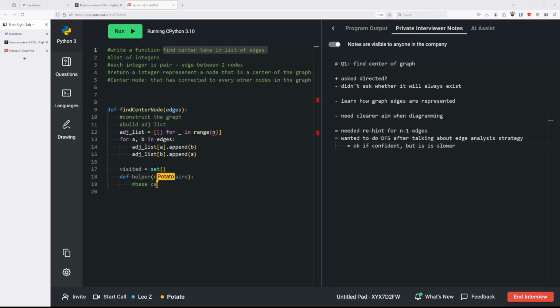So for the base case, we need to check if the current node is already in the visit set or not.